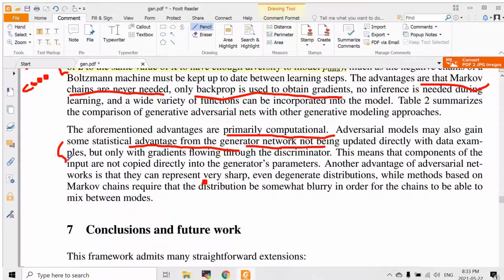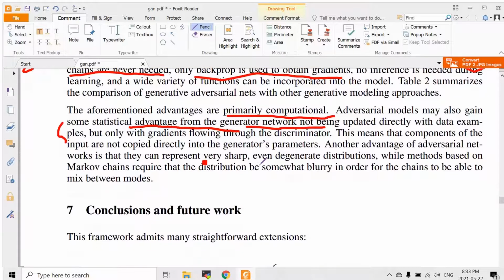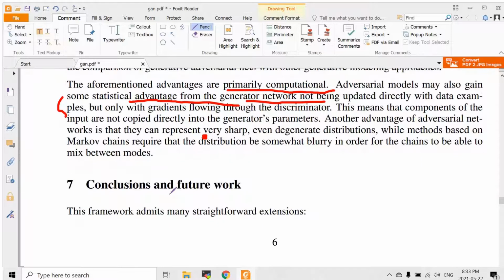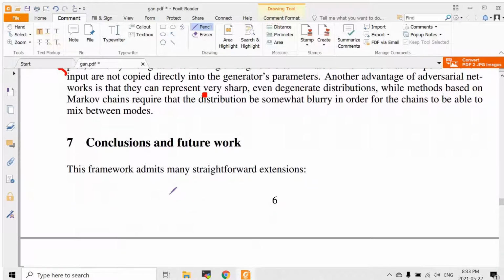The most awesome thing about their paper is that the generator is being trained primarily by just updating the weights, by gradients flowing through the discriminator. Another advantage of adversarial networks is that they may represent very sharp, even degenerate distributions, while methods based on Markov chains require that the distribution be somewhat blurry in order for the chains to be able to mix between modes.